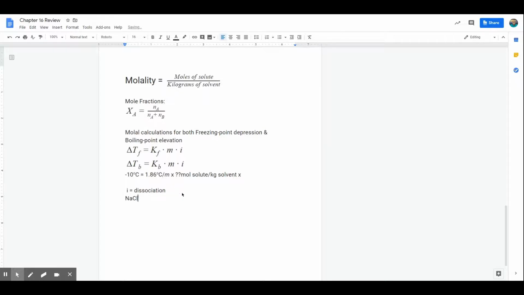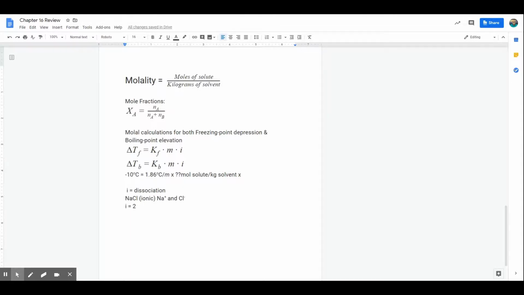It is ionic, which means that it will separate out into ions. In this case, it will separate into Na plus and Cl minus. So what that means is that in this case, I would be equal to 2, since it created 2 ions.